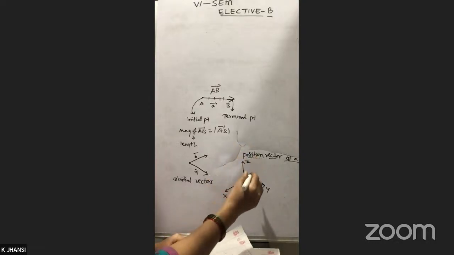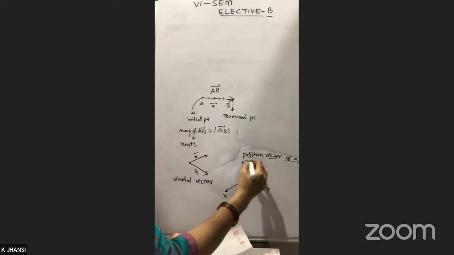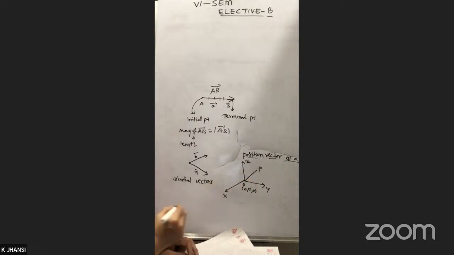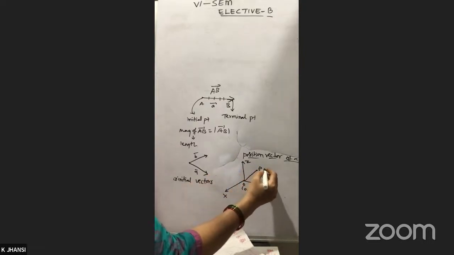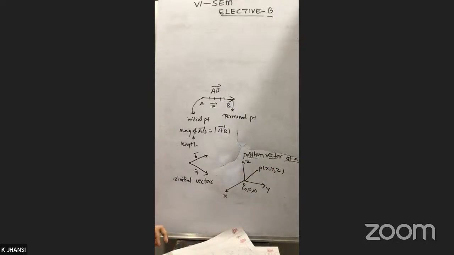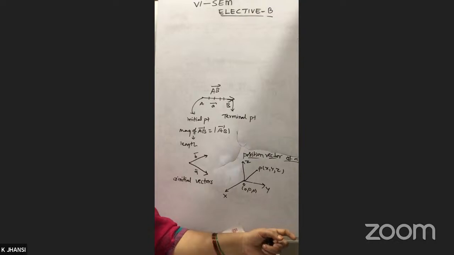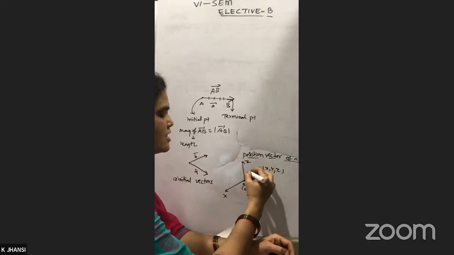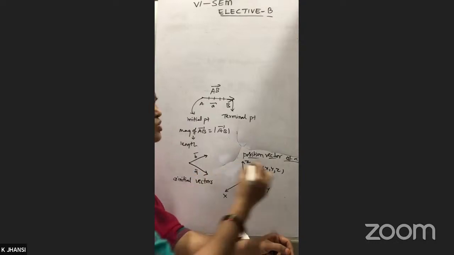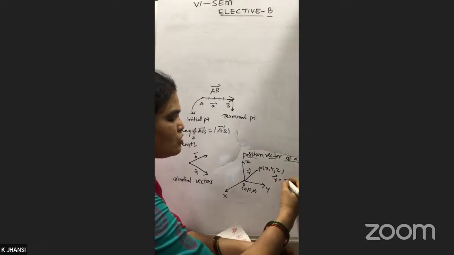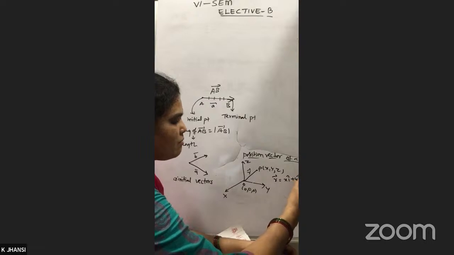If you take the point P and join it with the origin, the point P has coordinates X, Y, Z. The distance from O to P we represent as vector R. So this position vector R is equal to Xi plus Yj plus Zk.